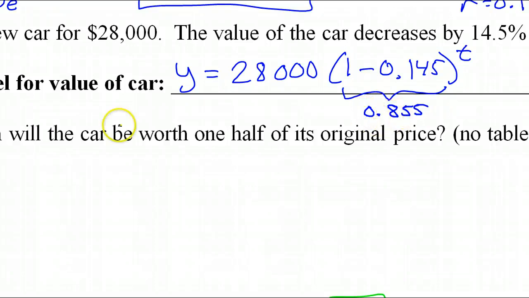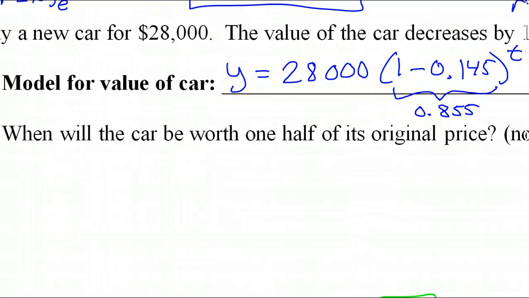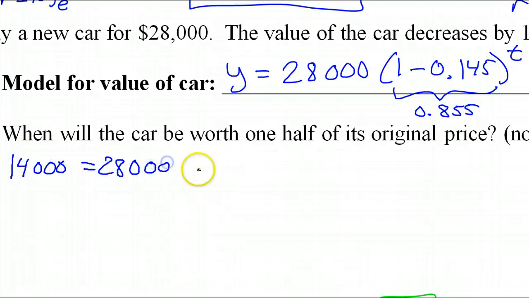So that's what I'm going to do. As I finish the problem, when will the car be worth 1/2 its original price? Well, if it's worth $28,000 right now, half of that is $14,000. So I have $14,000 is equal to $28,000 times 0.855 to the t power.